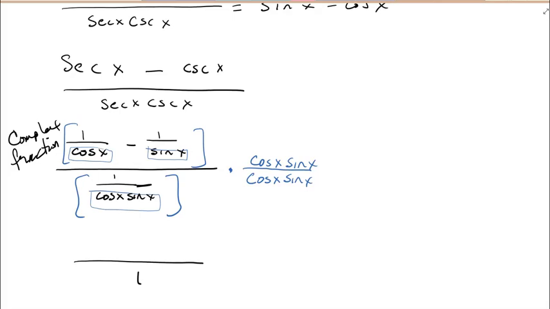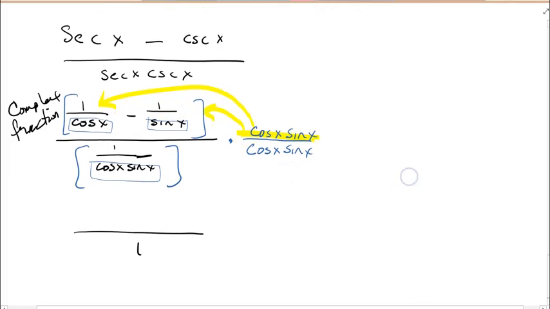When I take this cosine x sine x and distribute it into the numerator of our complex fraction, well, in the first term, the cosines are going to cancel, and I'm left with sine x. And in the second term, the sines are going to cancel, and I'm left with cosine x.